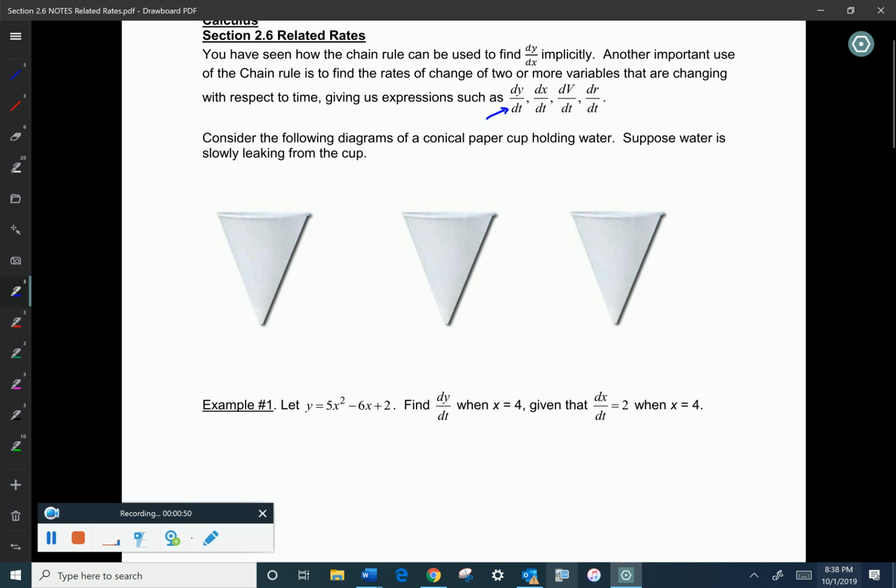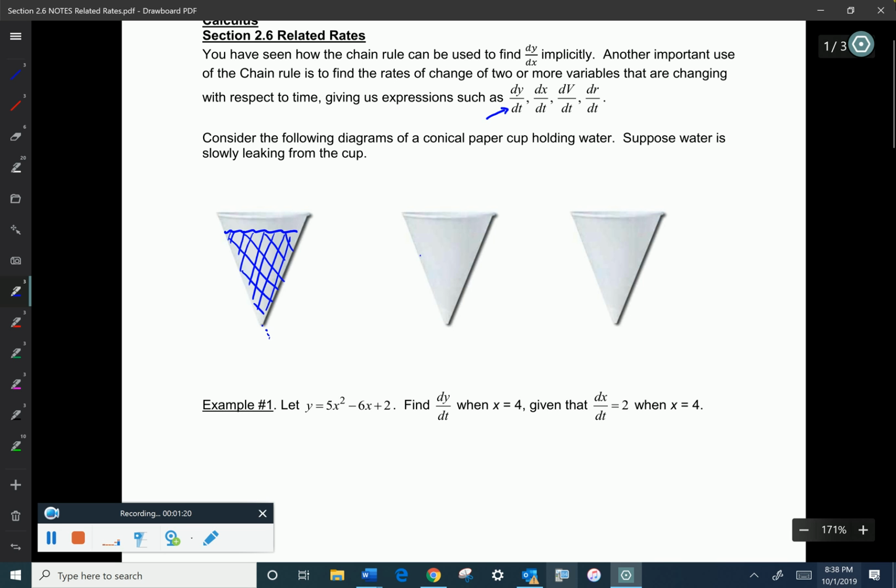Okay, so here's the idea. Let's say we have this kind of a conical shaped paper cup, like you'd see at a water fountain or something like that. And suppose that you've got water in this cup, but notice it says it's slowly leaking. So I've got all of this water in the cup, but maybe there's a little tiny pinprick hole, so the water just starts to leak, right?